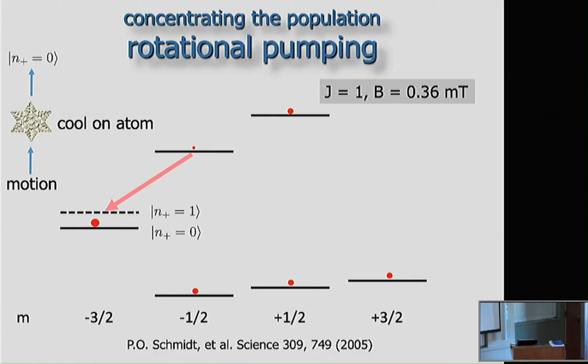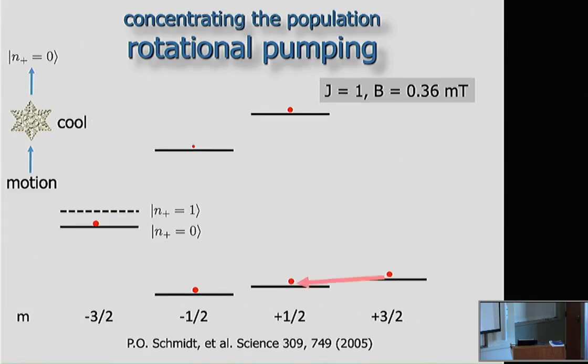If I now shine in the same red sideband, I can't go back here because I've lost that energy from the cooling. And we can do this on all these states here. So by doing these 2 steps, doing a transition, then cool and make it irreversible, we can basically push this in a one-way street towards the states we're interested in.